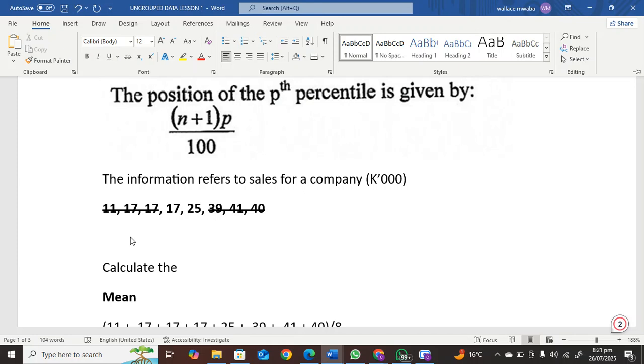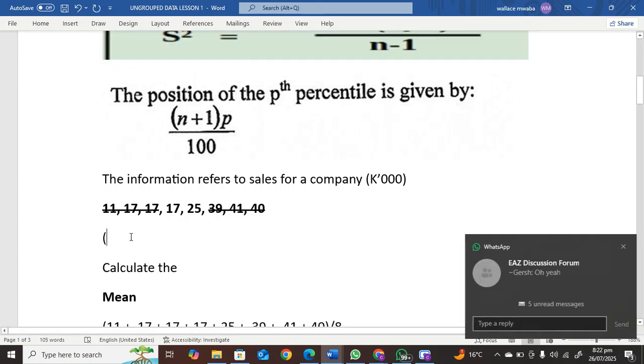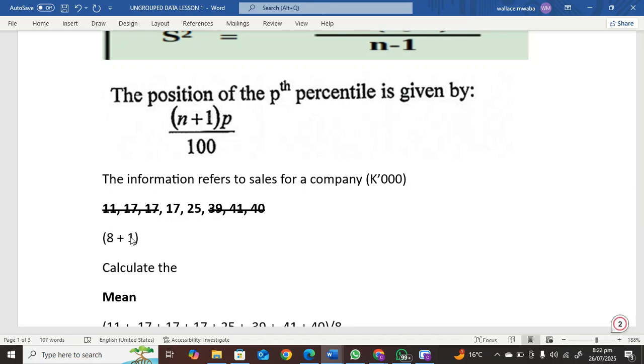You might have 20, you might have 30. So n is 8, 8 plus 1, multiplied by the 50th percentile, times 50, all of this divided by 100.